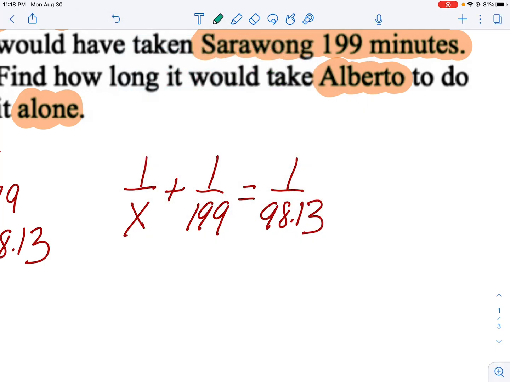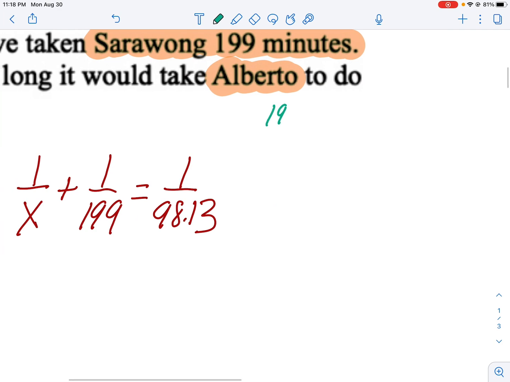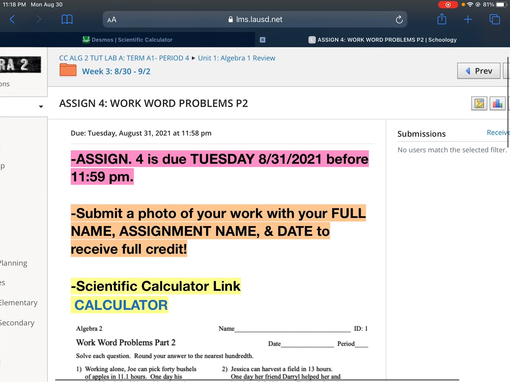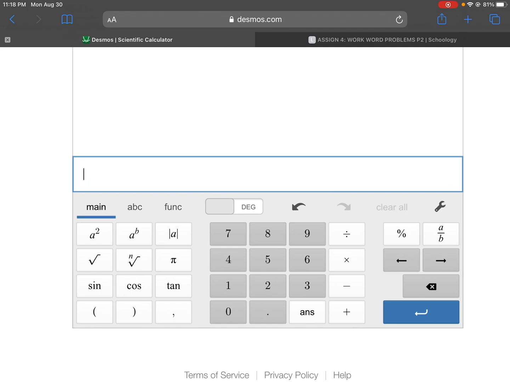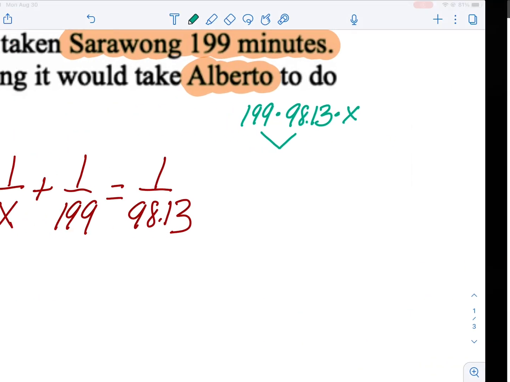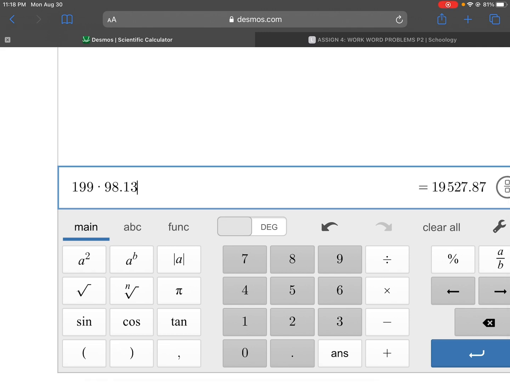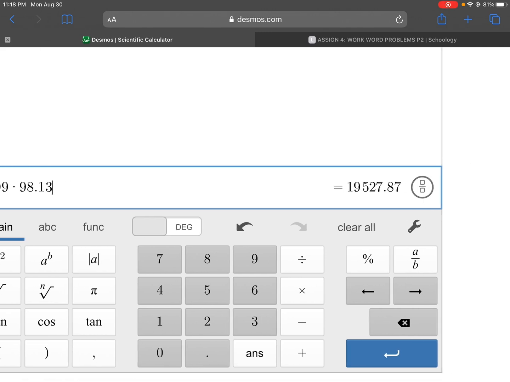Now, we remember that our next step is to multiply x times 199 times 98.13. On the side, I'm going to say 199 times 98.13 times x. So these two give me 199 times 98.13. Let us use our Desmos calculator. 199 times 98.13 is 19,527.87.